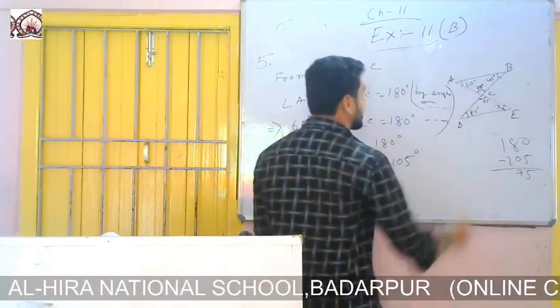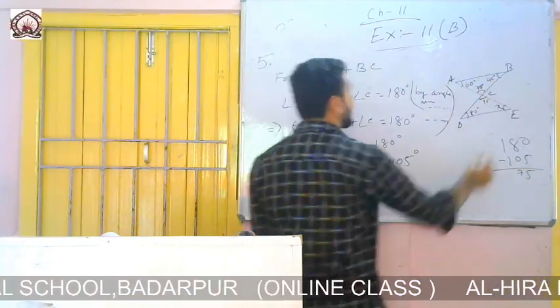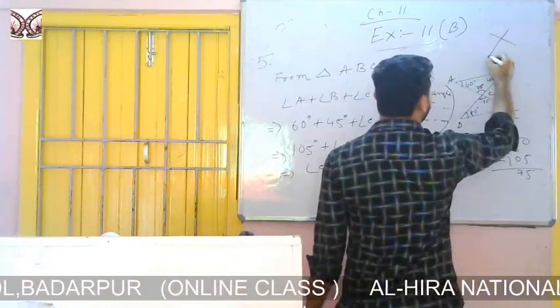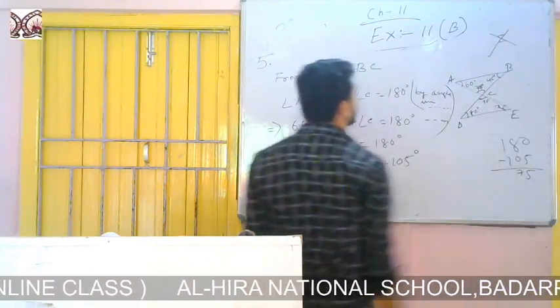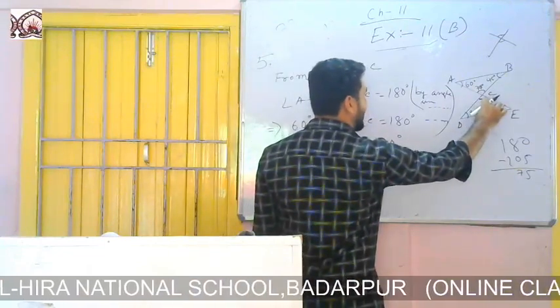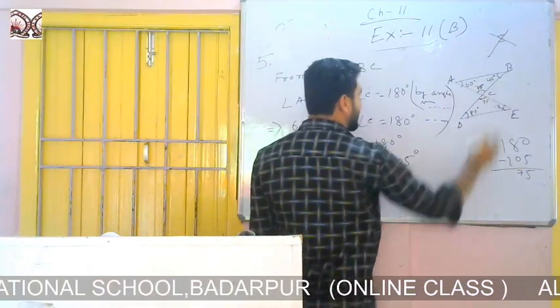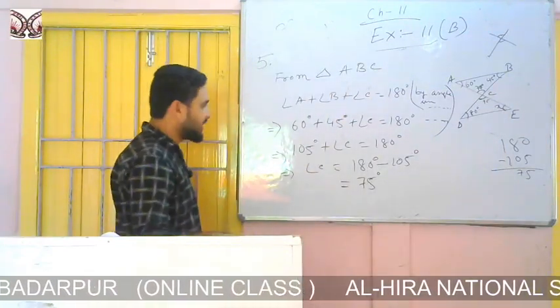How? Because these two angles are vertically opposite angles. As I said earlier, when two lines intersect, then what? The existence of vertical angles comes. Okay. So we know the measure of two angles, then you can find the measure of the third angle by angle sum property. Okay.